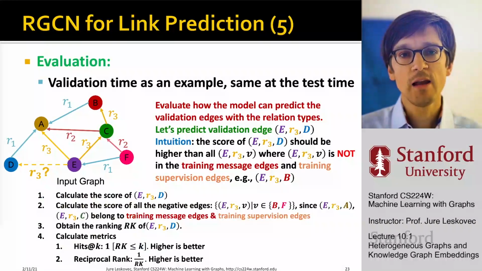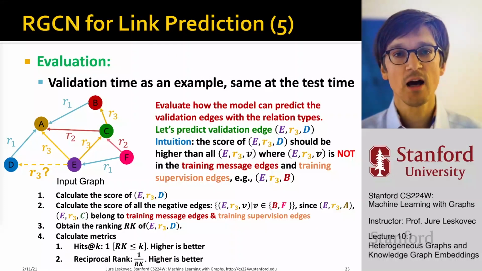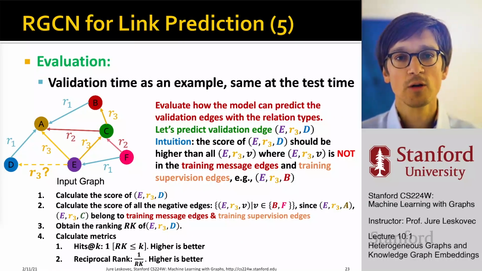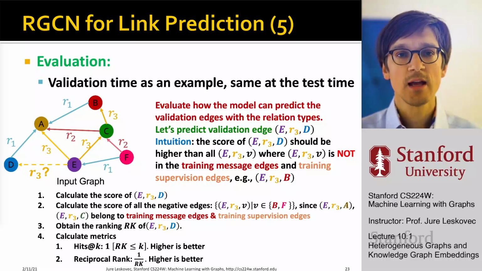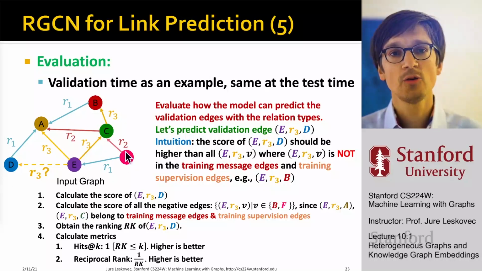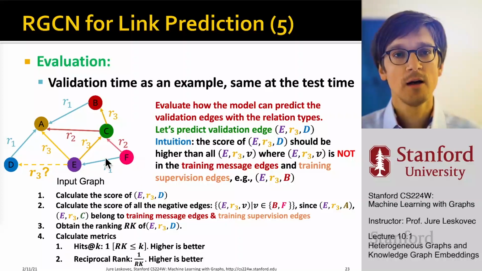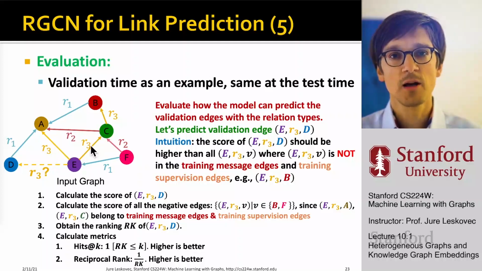So how would I evaluate this? I would use the ArcGCN to calculate the score of edge ED according to the relation type 3. I would then calculate the score of all the negative edges. So in my case, only two possible negative edges of type R3 are E to B and E to F, right? I cannot do A and C because they are already connected according to the relation 3, so that would be kind of a contradiction.